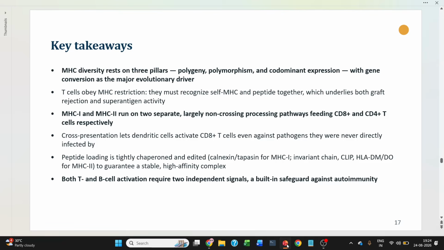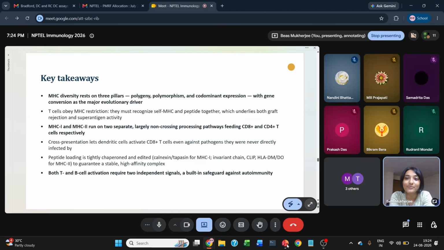The key takeaways for today's class: MHC diversity rests on three pillars, polygeny, polymorphism, and codominant expression with gene conversion. T cells obey MHC restriction, and MHC class I and class II run on two separate, non-crossing processing pathways, feeding CD8 plus and CD4 plus T cells respectively.